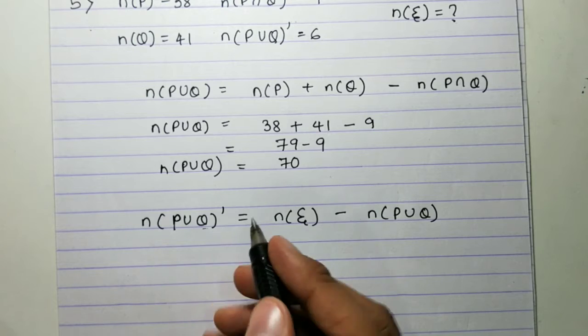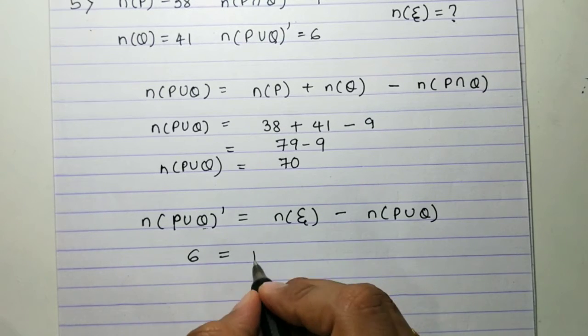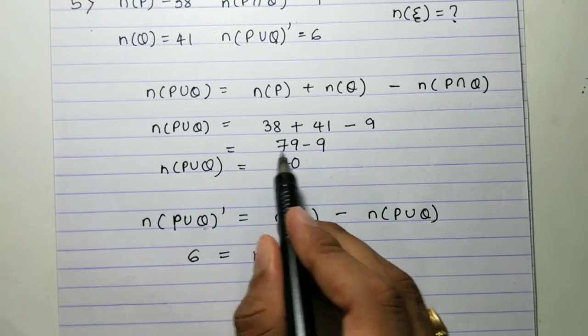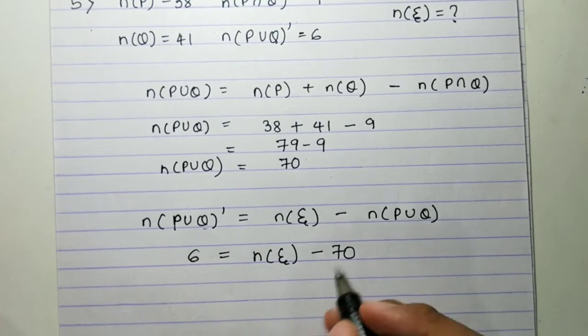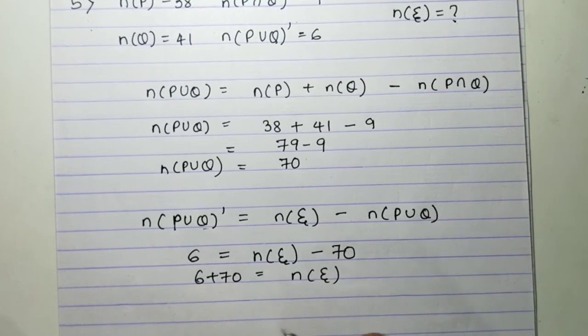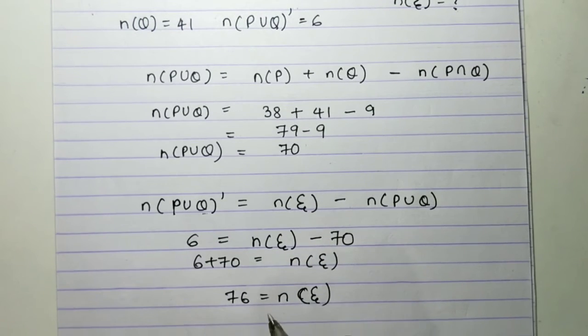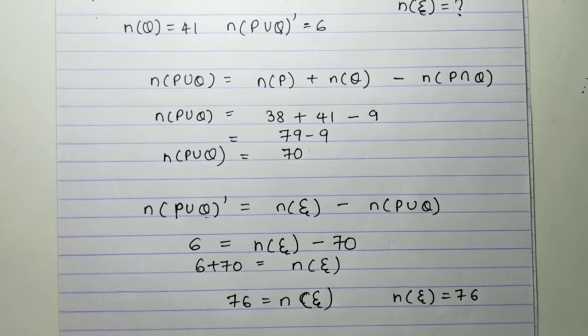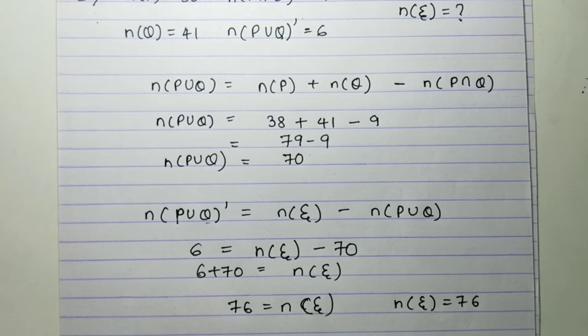Okay, now this is already given in the question as 6. Universal set you don't know. Okay, but P union Q you have already found here, 70. Okay, this 70 will come here. 6 plus 70 equals this. So 76 is equals to universal set. Okay, this is your answer for universal set. 76. Copy the sum.